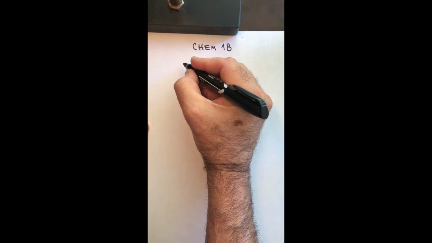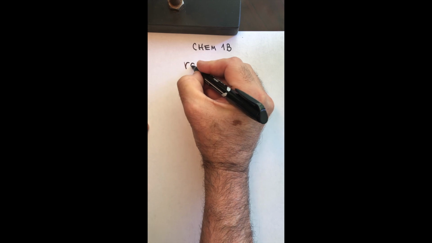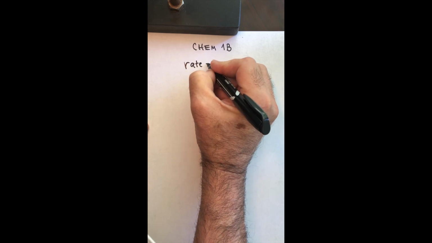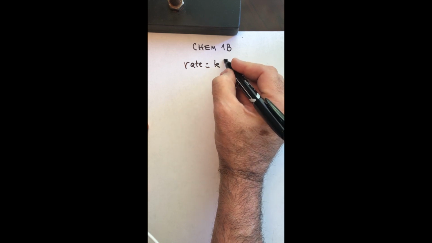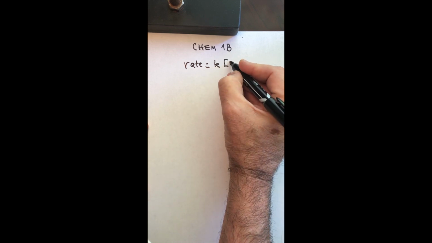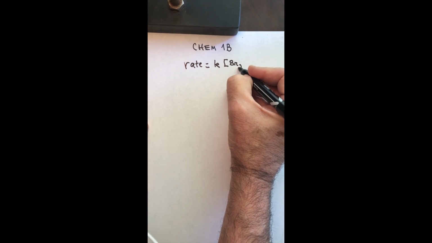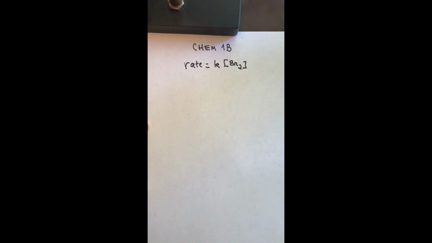Okay, so the question we want to address here is, how did we get the units of the rate constant? Remember, we started out with an equation that said that the rate was going to be equal to some constant k times the concentration of the bromine solution.